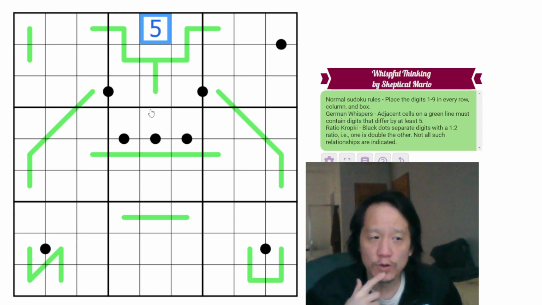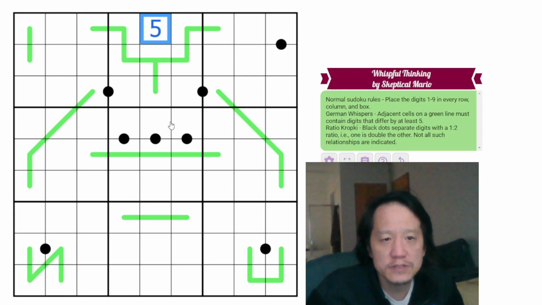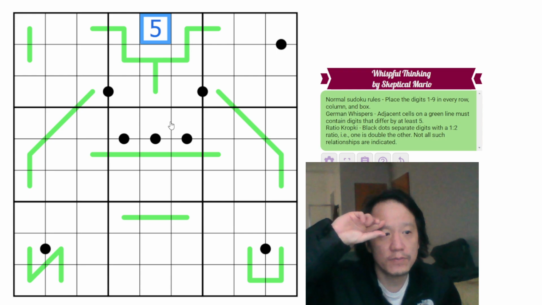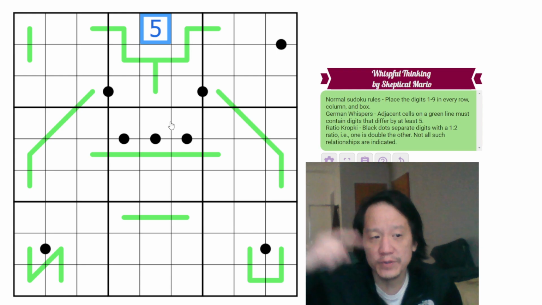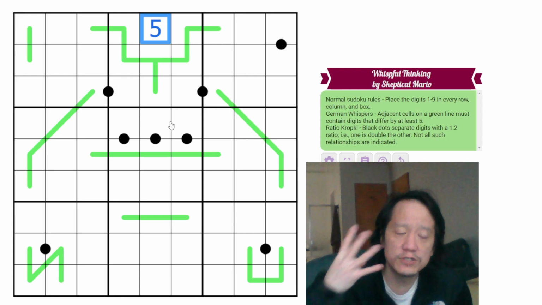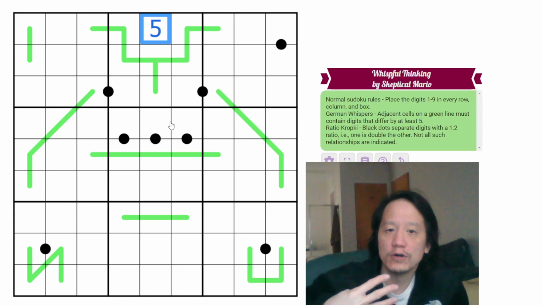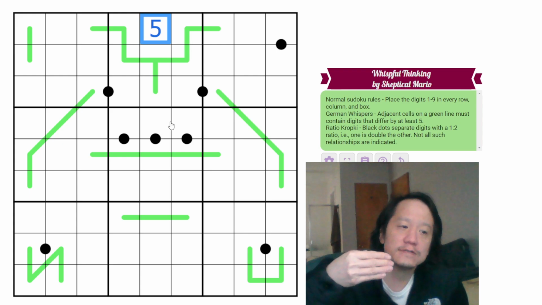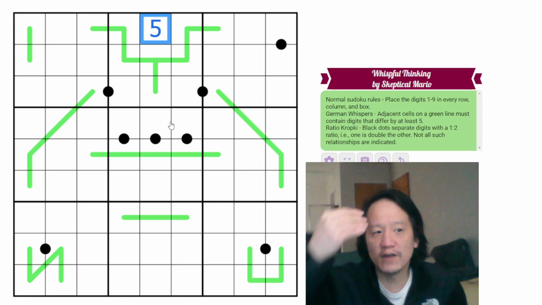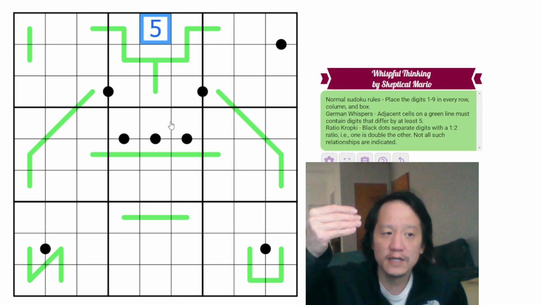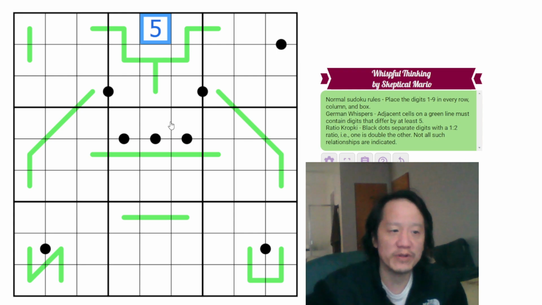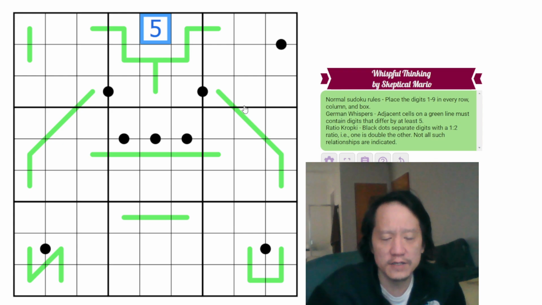And so therefore it will always alternate between low and then high and then low then high, etc. Because what is 5 away from 1 through 4? It has to be at least 6 and up, right? What's 5 away from 6 to 9? It has to be at least 4 and below. So that always will alternate between the lows and the highs.